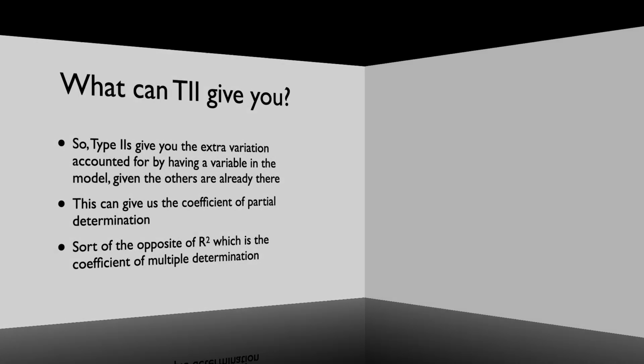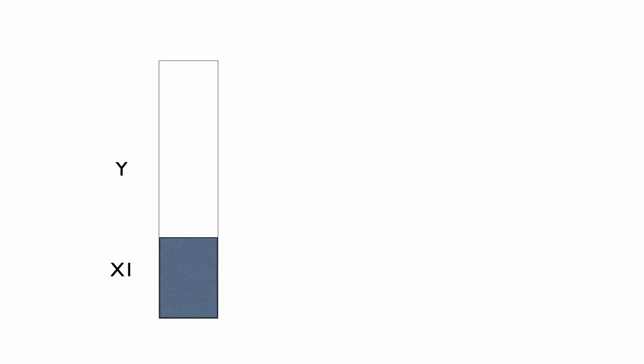Okay. I hope so, because this one looks kind of blank. Okay, here we go, yes. So here's the variance in Y. This is what we're trying to predict. We want to explain all this. That's variance in Y. Again, think of variance as an actual thing. Okay, now we put x1 in the model.